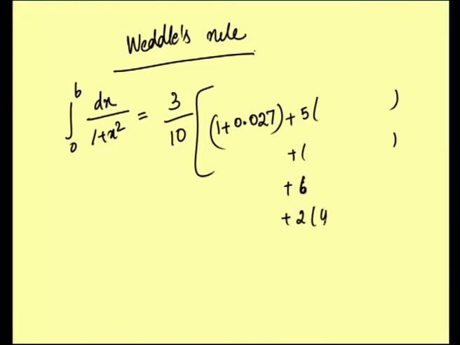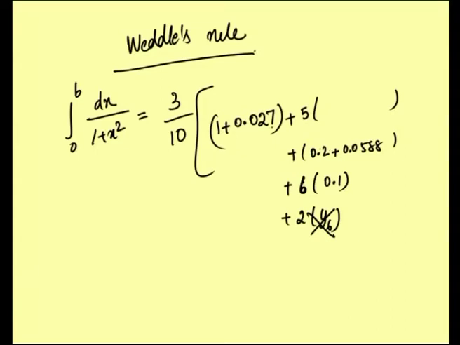2 times y6, y6 cannot be taken because y6 is the last coordinate, and 6 times y3, y3 is 0.1, and even coordinates, you can see the even coordinates y2 is 0.2 and y4 is 0.0588.